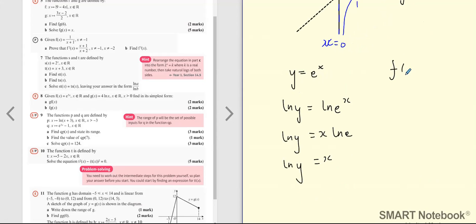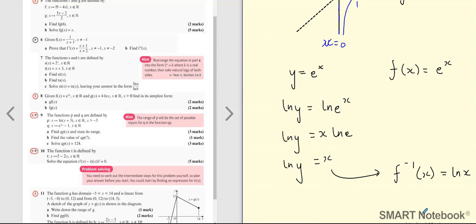Your original f of x was e to the x. Once you've made x a subject, from this, to find the inverse, we are going to replace the y with x and the x with the inverse function.